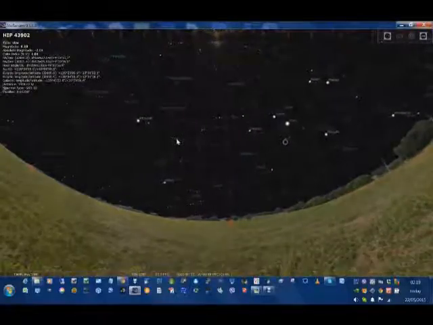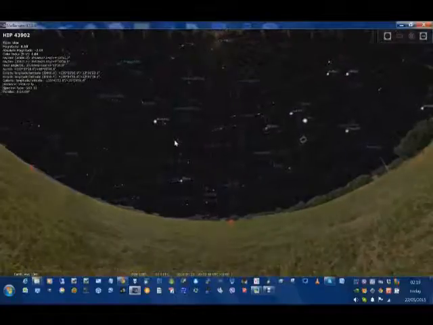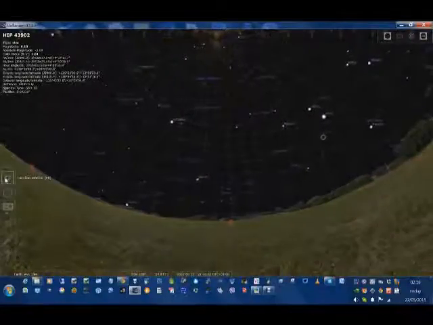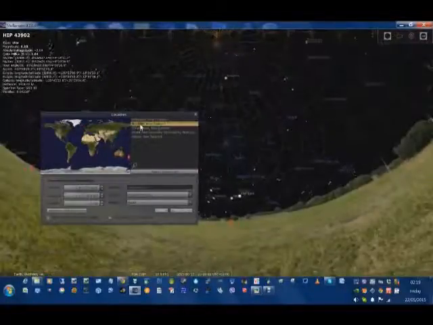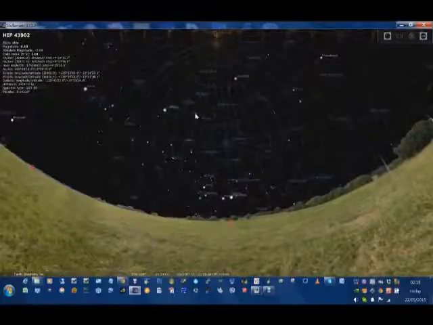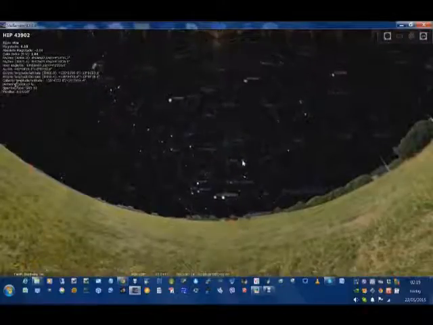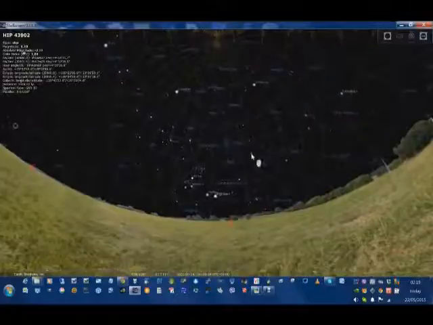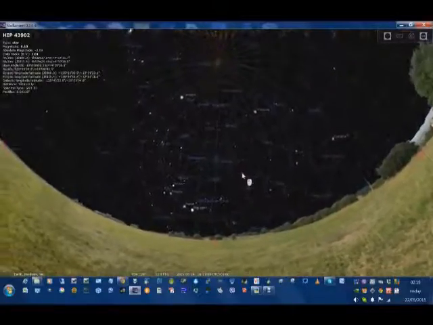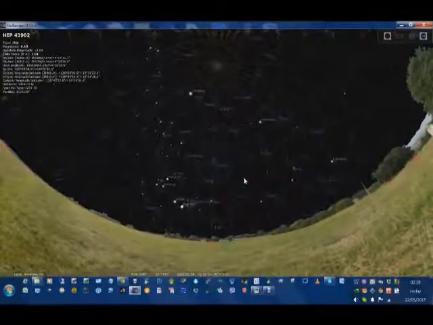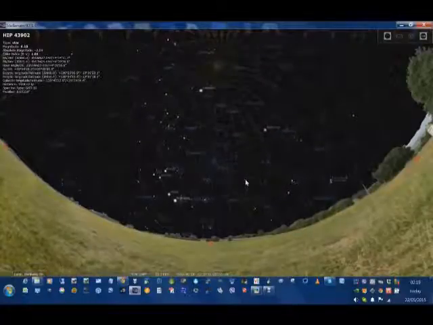Okay, so what happens in this projection if I visit Australia or New Zealand? So we click down to New Zealand, and in New Zealand I'm now going to face, so at the moment I'm facing south. Okay, so in New Zealand facing south, what do we see?